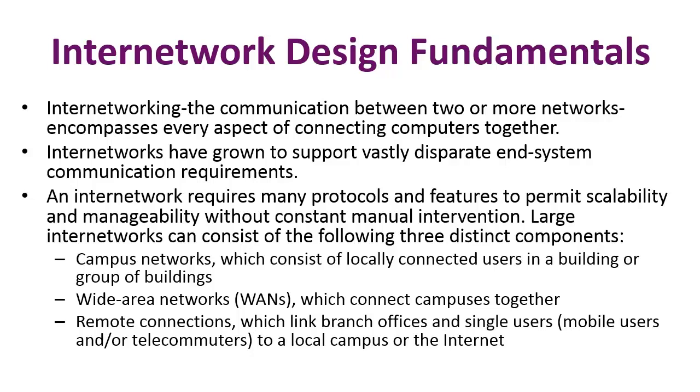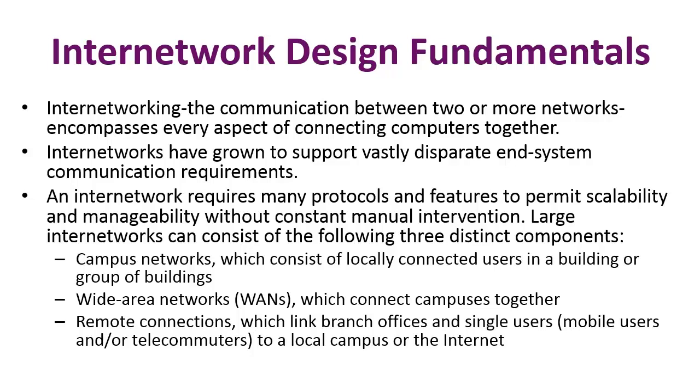Now, internetworks have grown to support vastly disparate end system communication requirements. We're talking about, obviously, voice and video as not just the newcomers anymore, but these are standards that you'll find on networks. So there's contention between voice, data, and video all the time. And our networks need to be able to support all three.